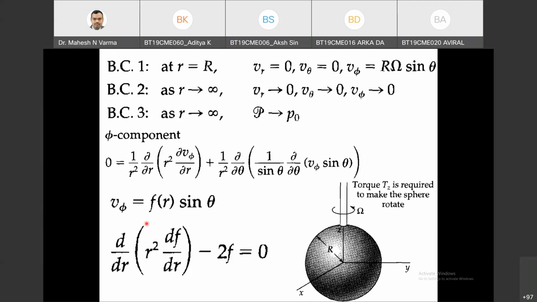This is a standard differential equation. What will be the solution of this differential equation?